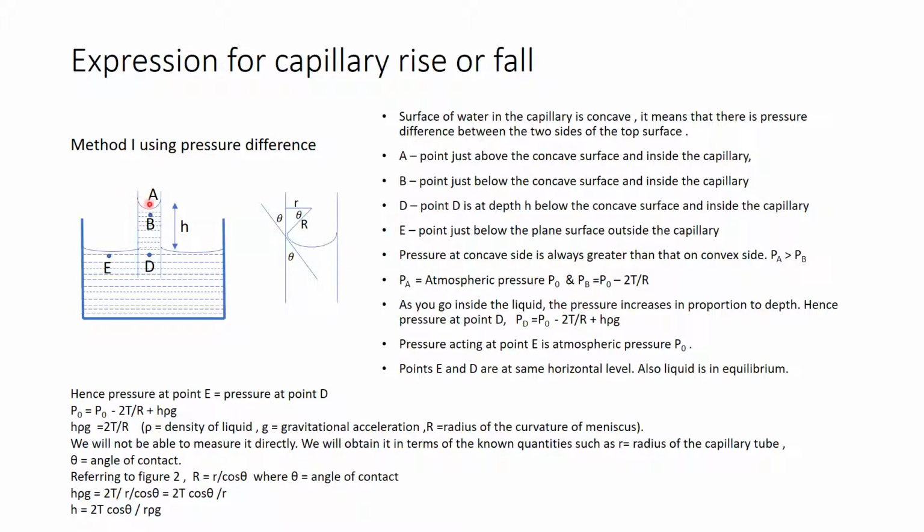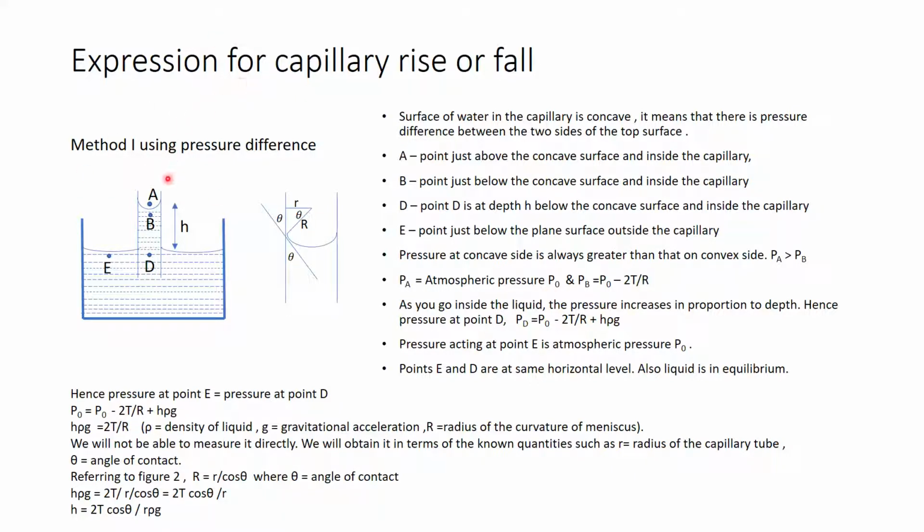Point A is on the concave side, point B is on the convex side. Pressure at point A is atmospheric pressure, so let us denote the atmospheric pressure by the symbol P0. Therefore, the pressure at point A is equal to P0.